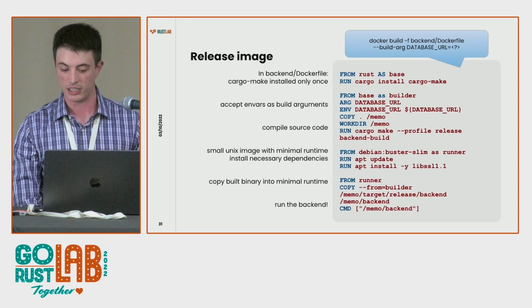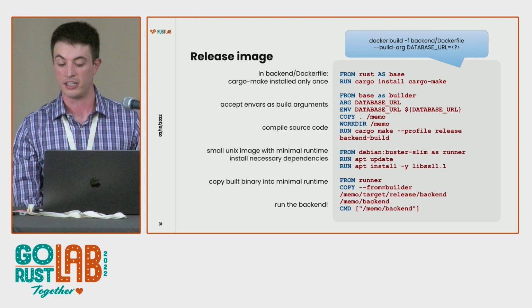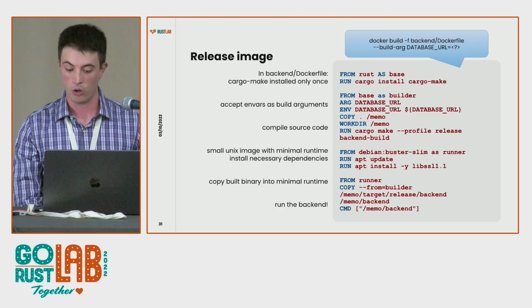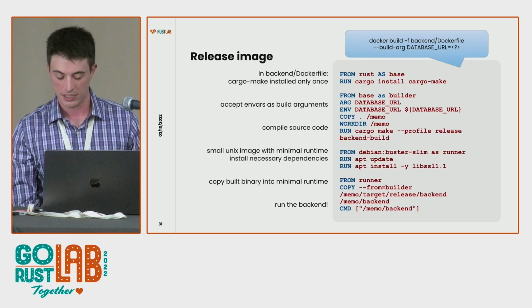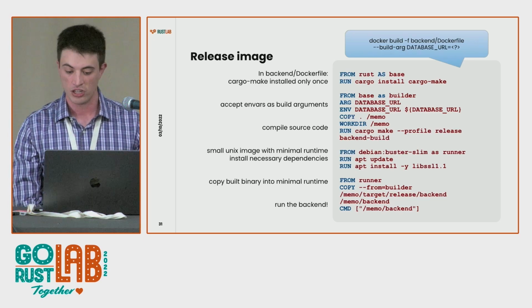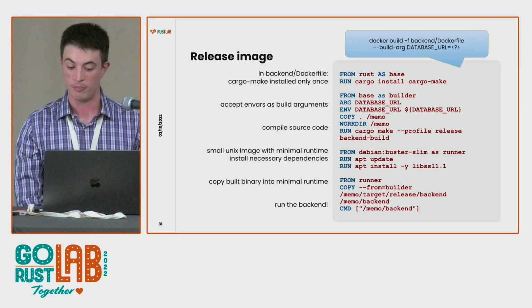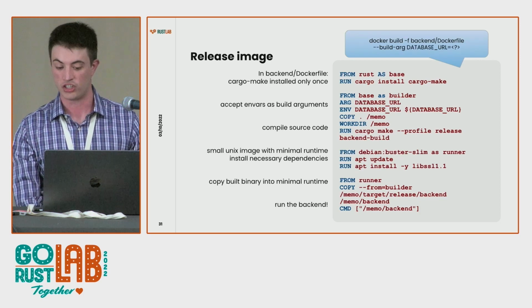Now, the second step is called builder, and it resumes from base. And what we do here is we just take the source code, we copy it inside the image, and we run the backend build command that will actually generate the binary.